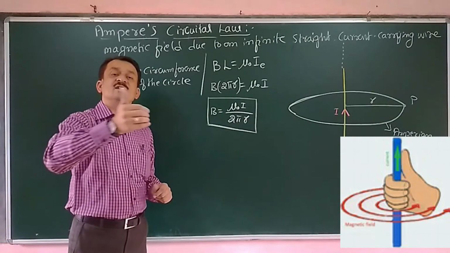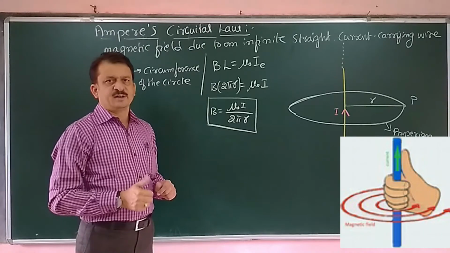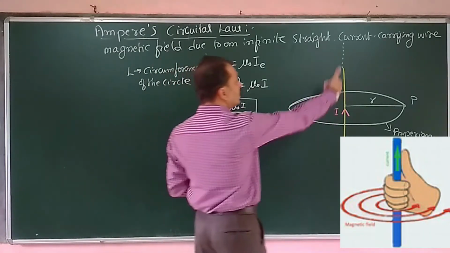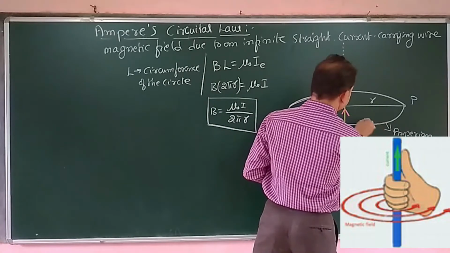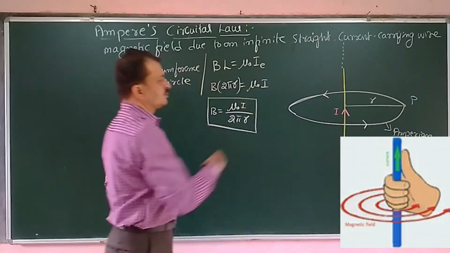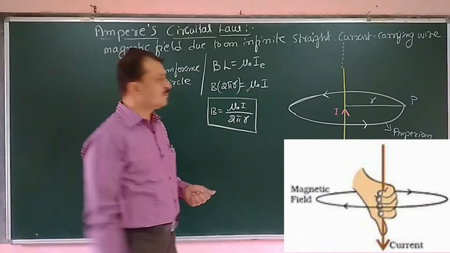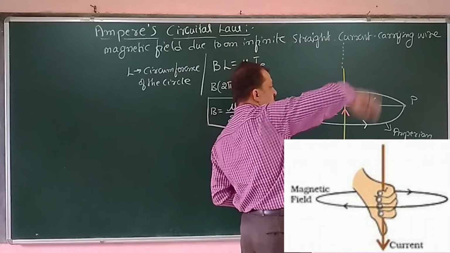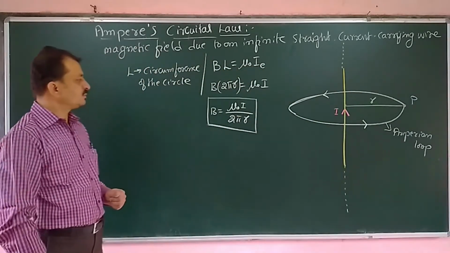Then the encircled fingers of the right hand indicate the direction of the magnetic field. So here the direction looks like anti-clockwise. If you reverse the direction of the current, that means current is flowing from top to the bottom, then it becomes the opposite direction magnetic field.